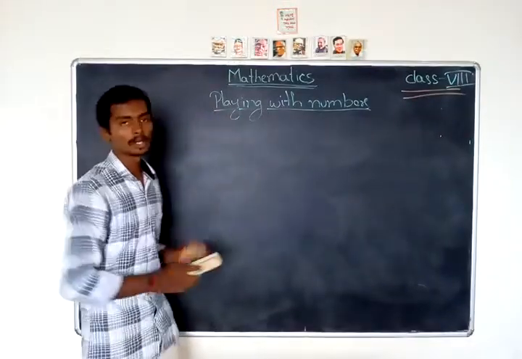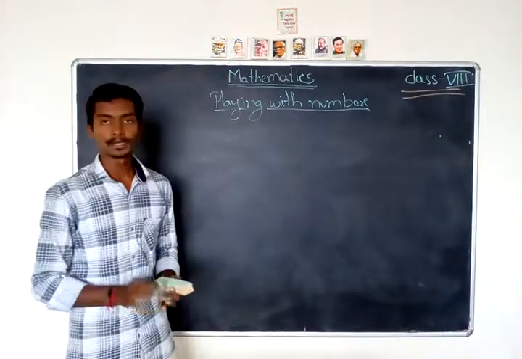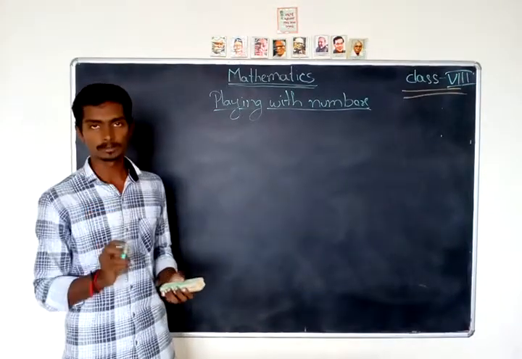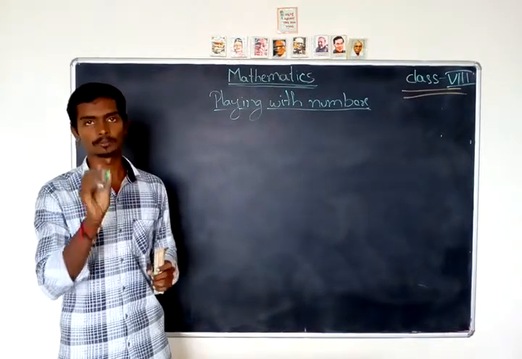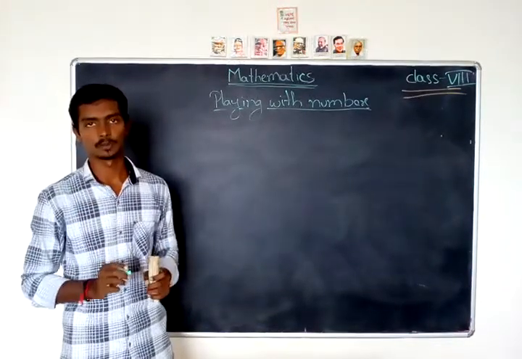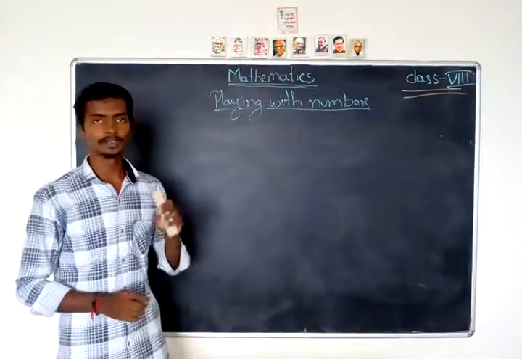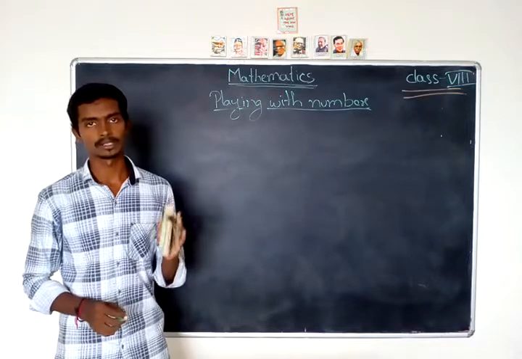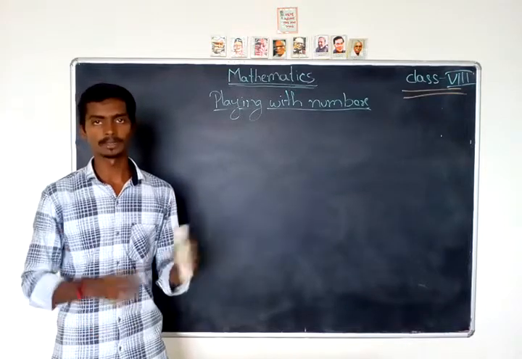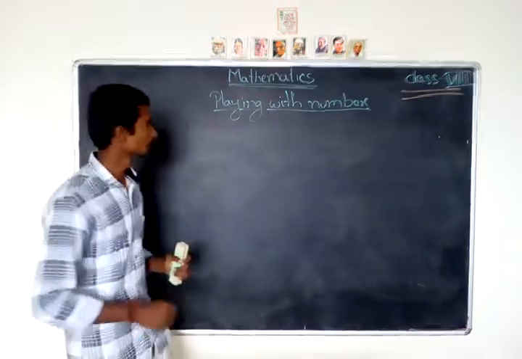So how to conclude this? A number is said to be divisible by another number if the remainder of their division is 0. And if we get some non-zero remainder, then the number is said to be non-divisible by the other number given.